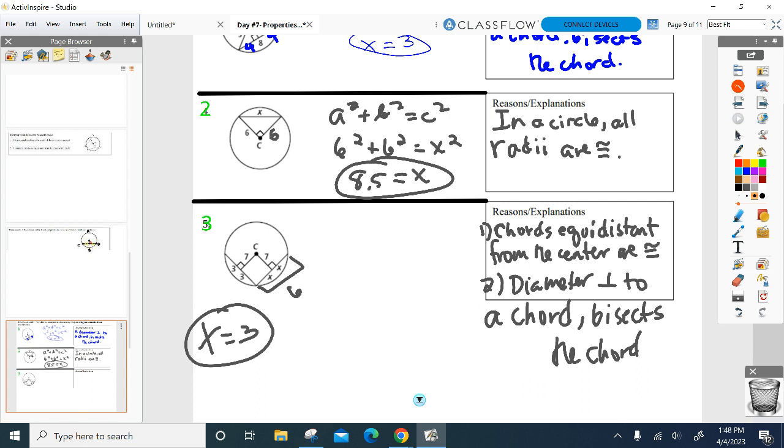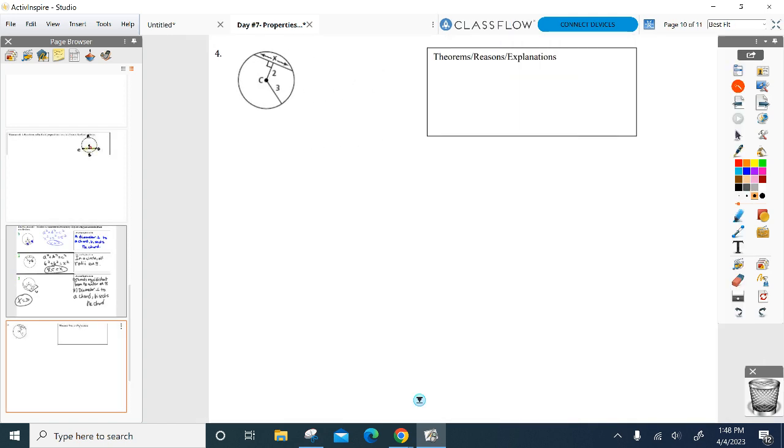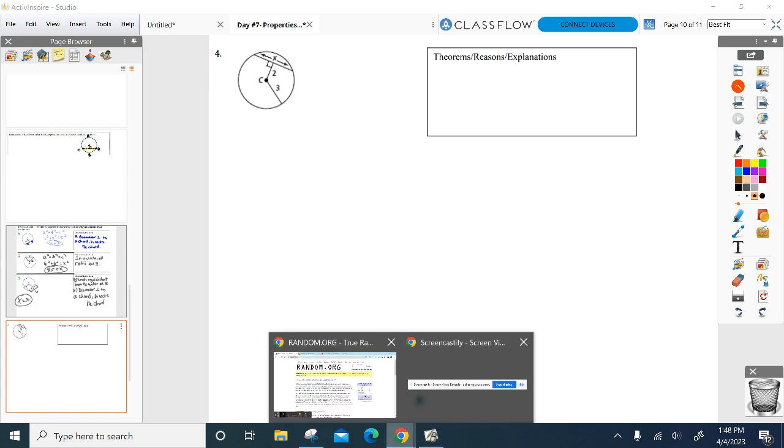How's this look, Claire? All right. Good. One more challenge here. These haven't been that challenging, but maybe this one. Finding chord X. Even if you don't know the algebra, at least tell me something you know is true looking at this diagram.